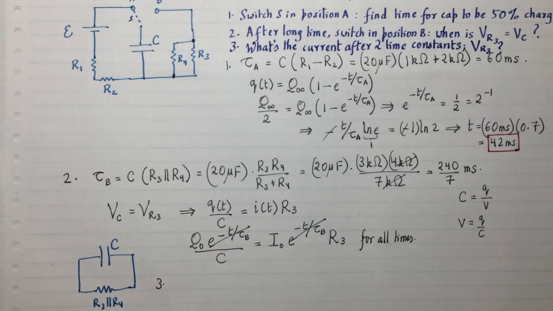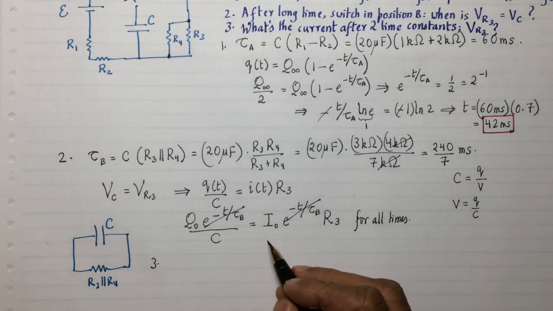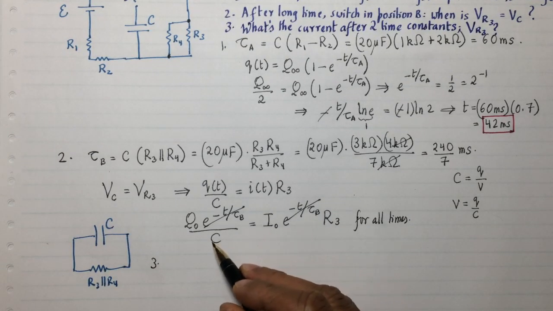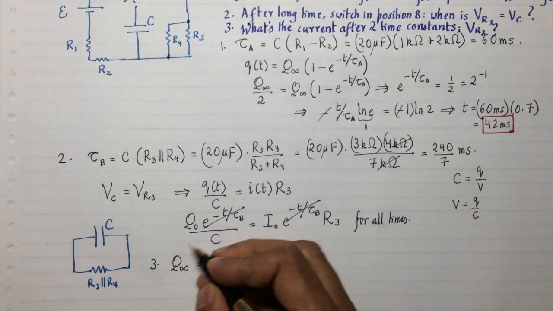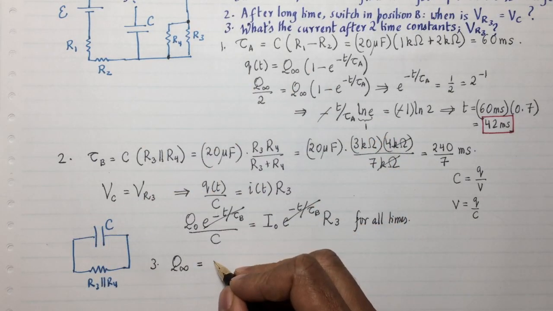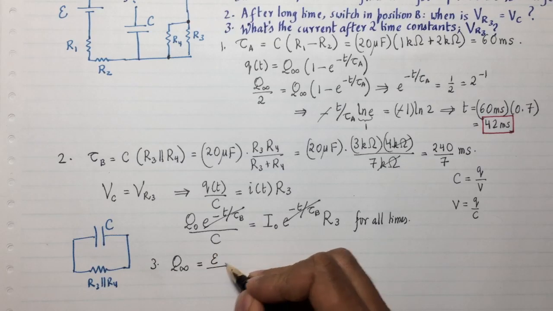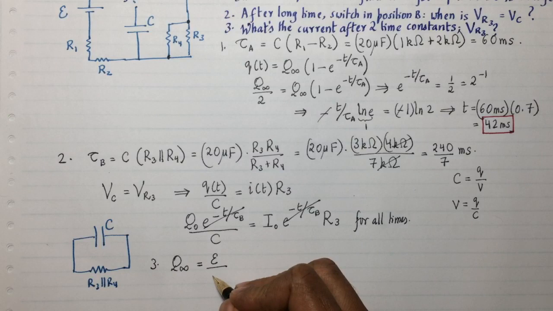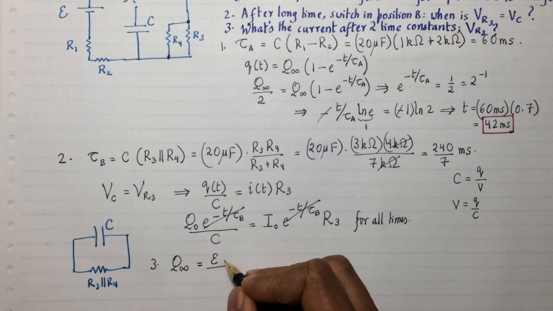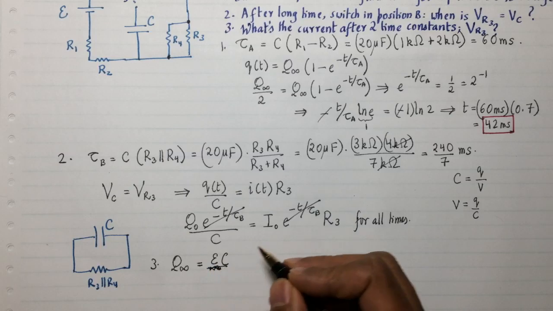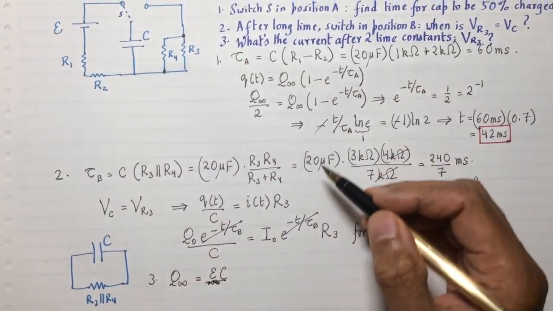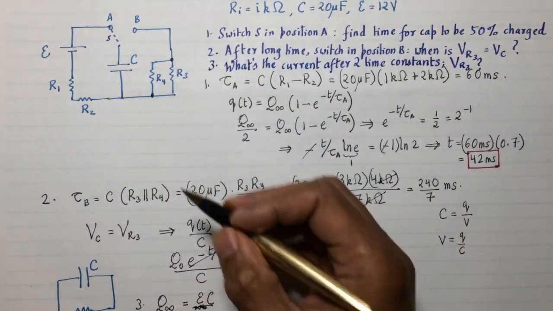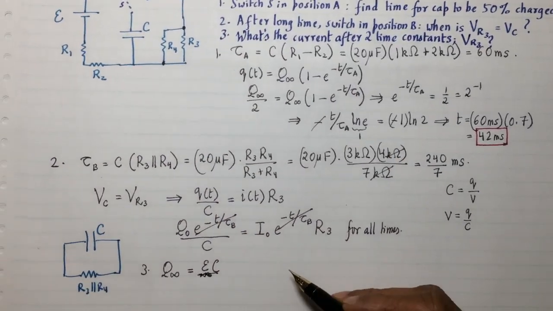For part 3, we have to find the initial current I naught. You can either use this equation to find I naught, or you can simply go back to using the Q infinity. The Q infinity is going to be the initial charge of the new process. So the Q infinity there was E times C. That's when the current completely stops flowing and the charge is just given by the voltage times the capacitance.